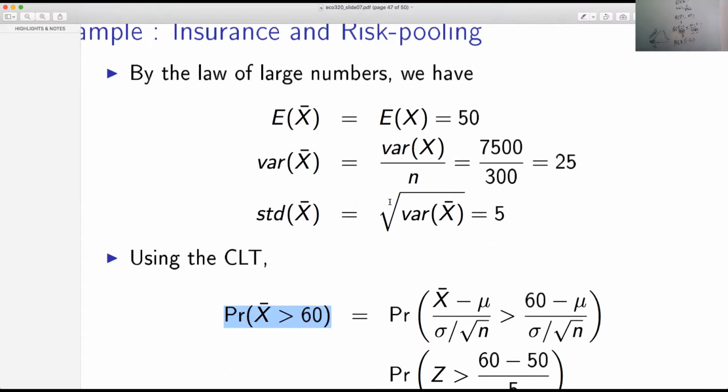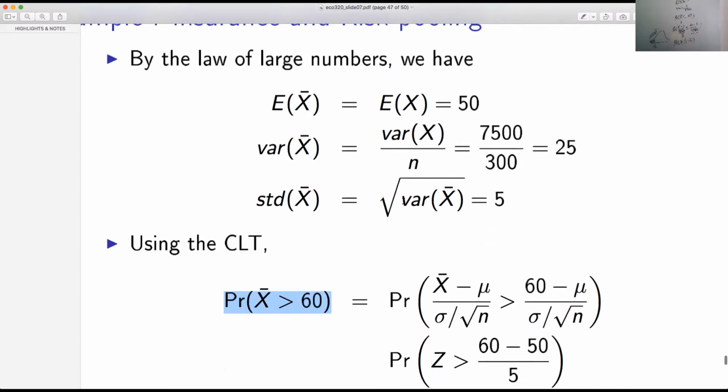Make sure for your exam and understanding that you practice enough to get these ideas, okay? This is very crucial. You get the expected value of X bar from the expected value of X, the standard deviation of X bar is from here, and the variance of X bar is the variance of X over N, okay?